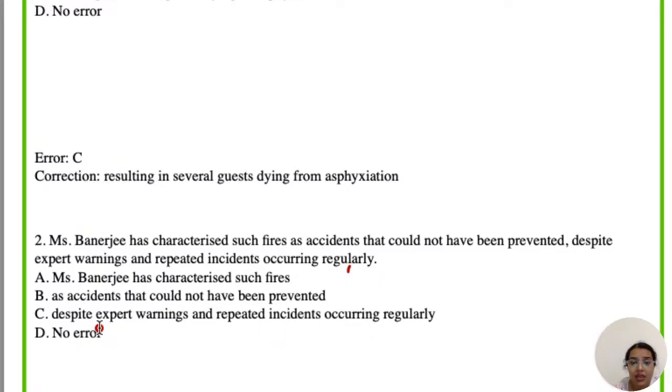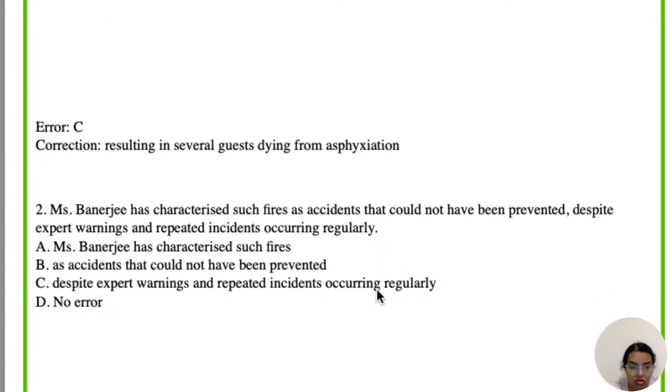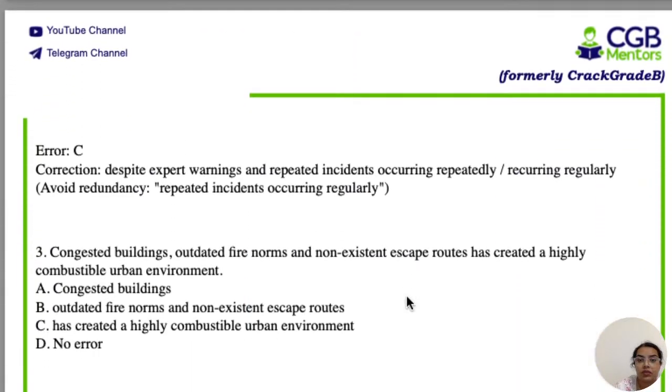So we can say, despite experts' warning and incidents occurring repeatedly, or you can say recurring. No need to say reoccurring or repeated occurring, recurring regularly. So repeated incidents occurring regularly is redundancy, unnecessary use of words to talk about the same thing, that is of repetition. So correction should be repeated incidents occurring repeatedly. You can say recurring or repeated, you can choose either of the two. Third one.